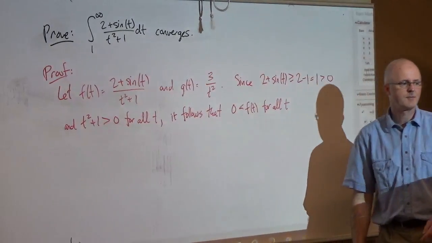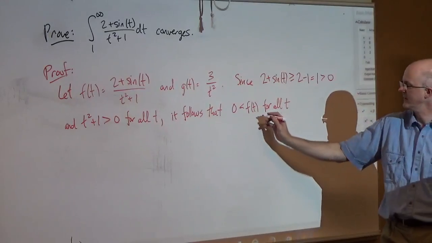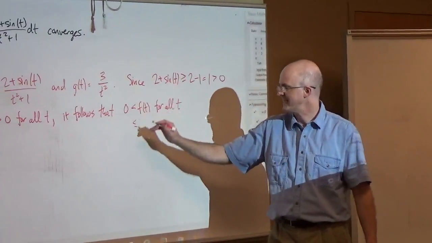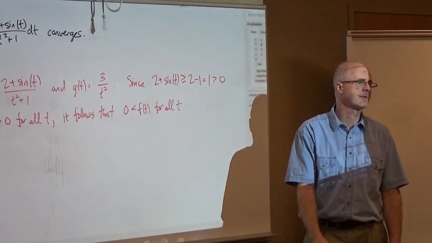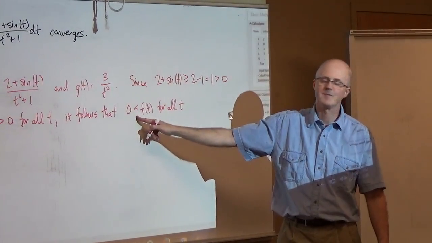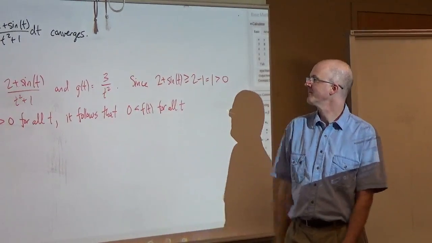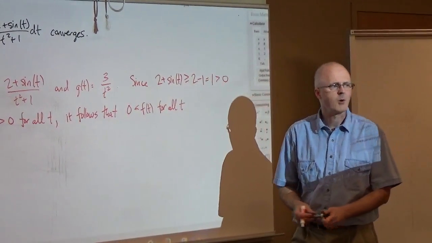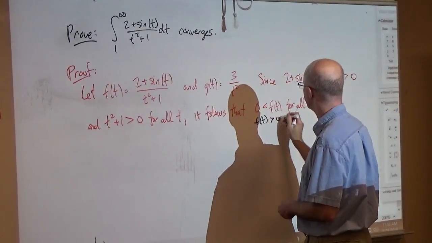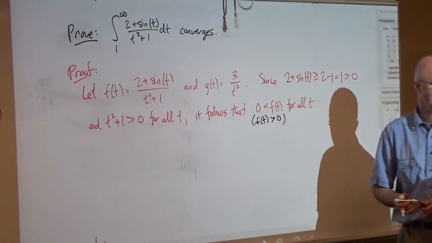In the comparison test theorem, you only need greater than or equal to. But our function is actually strictly greater. It doesn't really matter which I put right there. By the way, I hope you know it's okay to also write this as f of t greater than 0. Those mean the same thing.